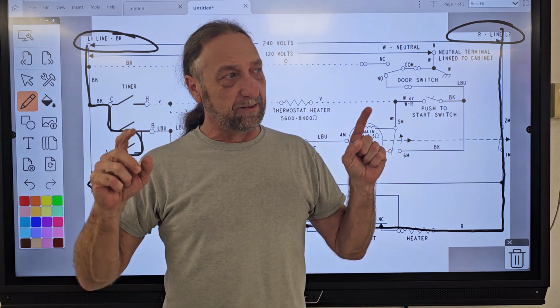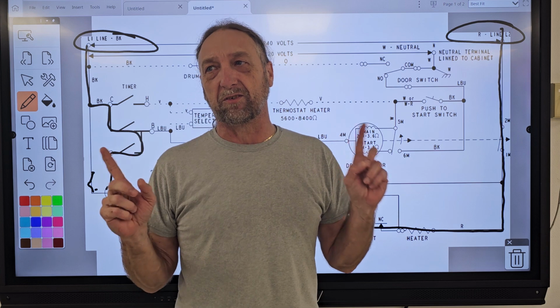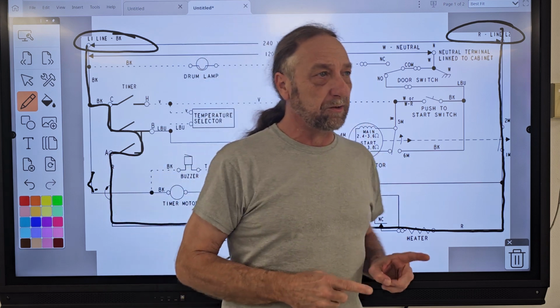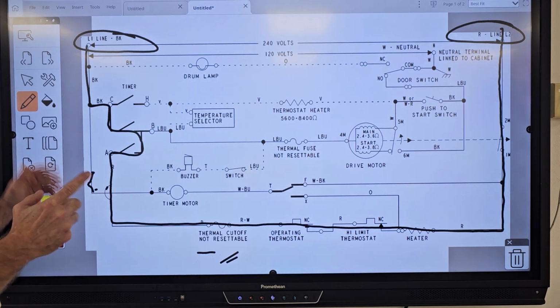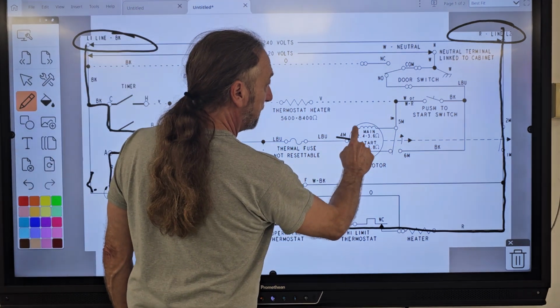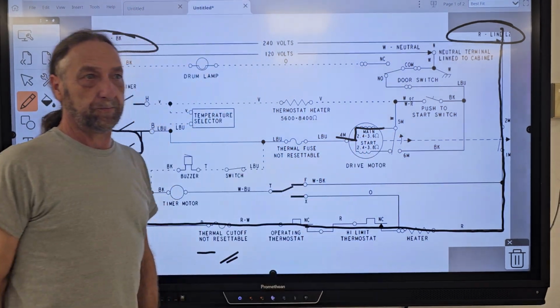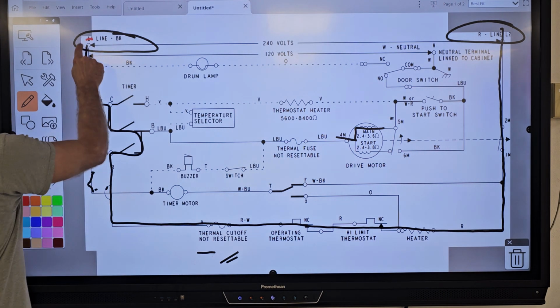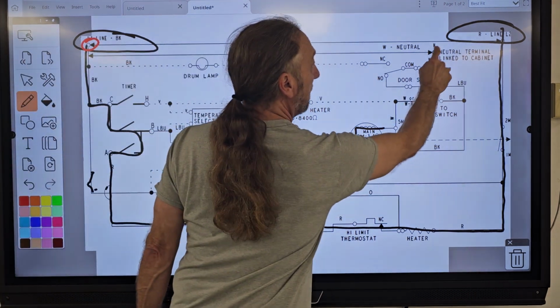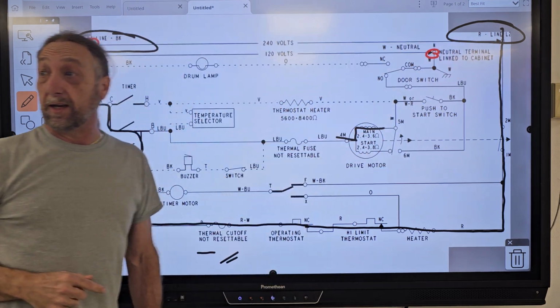Now listen, this is important because I'm leading up to something. On this particular machine, if the motor's running, how much voltage do we need to make that motor run? 120 volts. And that is between line 1 and neutral, not line 1 and line 2 that the heater needs, right?